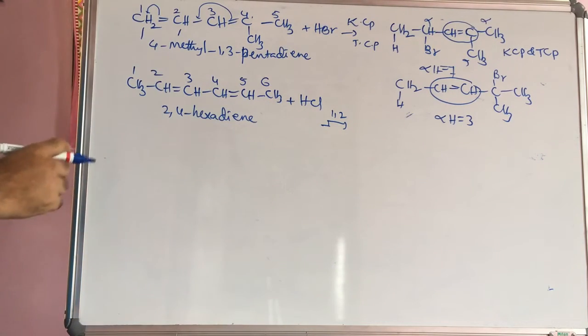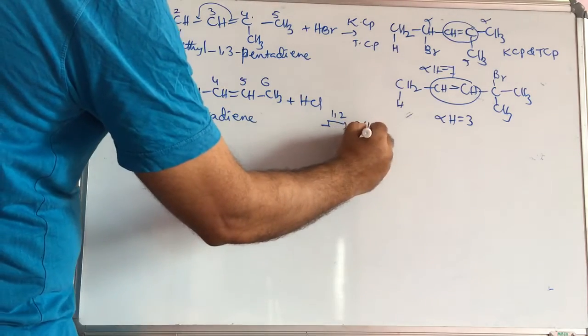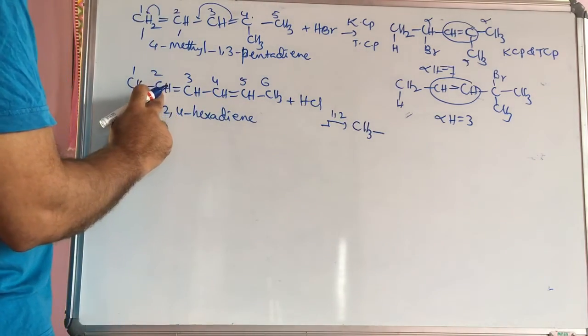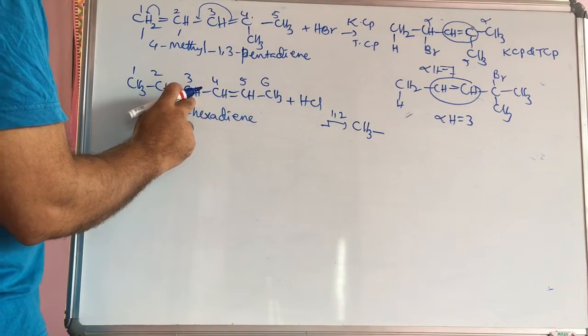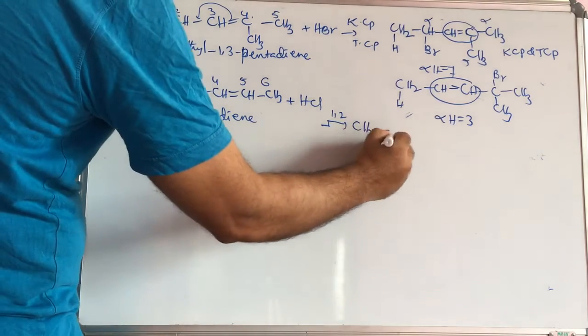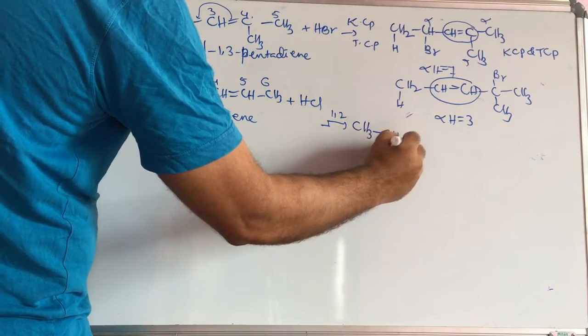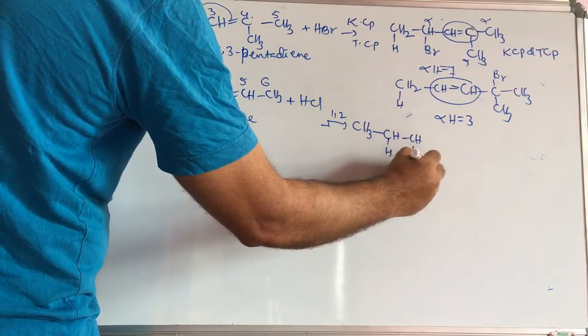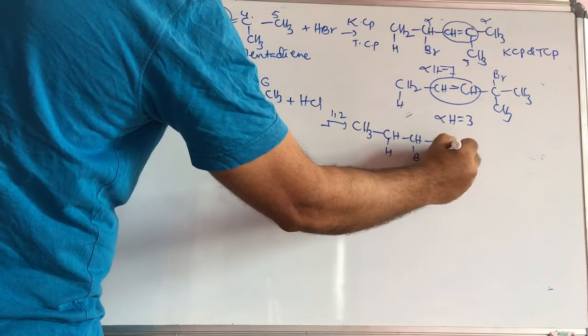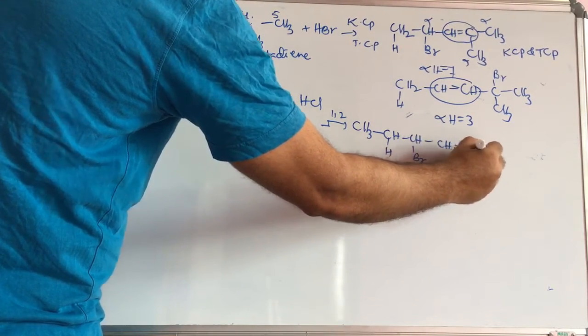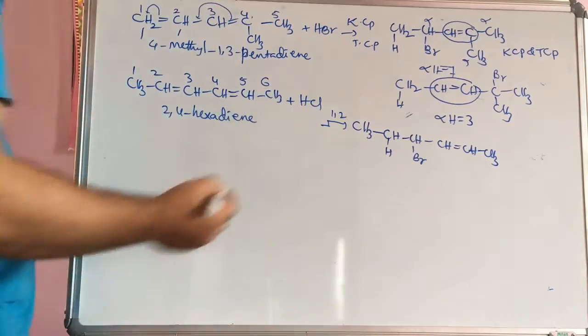1,2 addition product: CH3, then if you add H here, we get the carbocation. Then here CH, this will be CH, Br, and this is CH, double bond, CH, CH3. This is the 1,2 product.